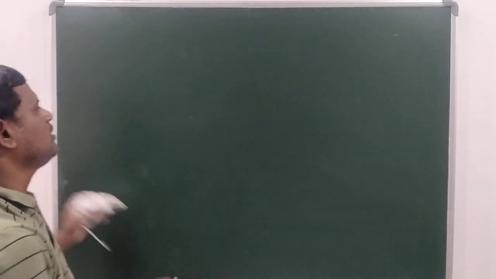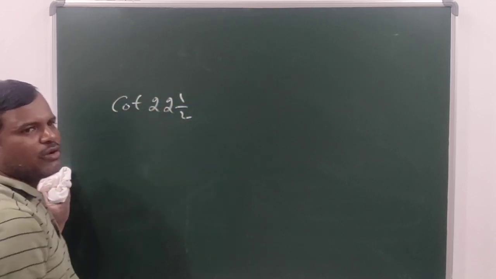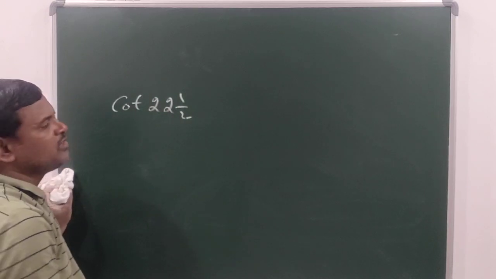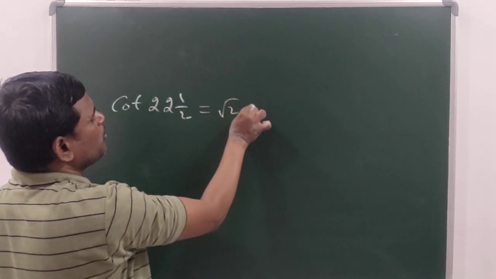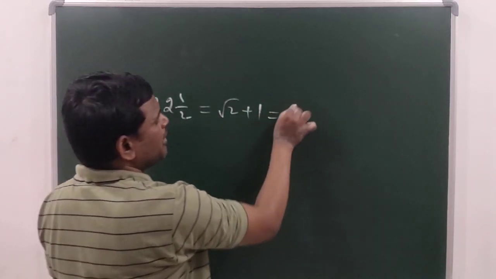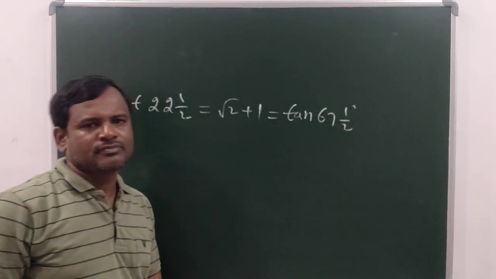Similarly, if you want cot 22.5 degrees, what you have to do? Reverse, you have to write cos theta by sin theta. So finally you will get root 2 plus 1. So cot 22.5 is equal to tan 67.5 degrees.